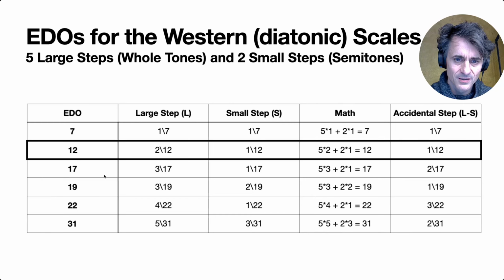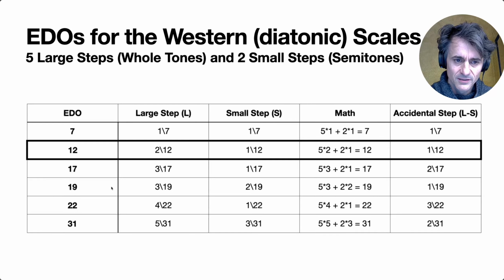In 17 EDO the large step is 3 of the 17 divisions, and the small step is 1. The math is 5 times 3 plus 2 times 1 equals 17.